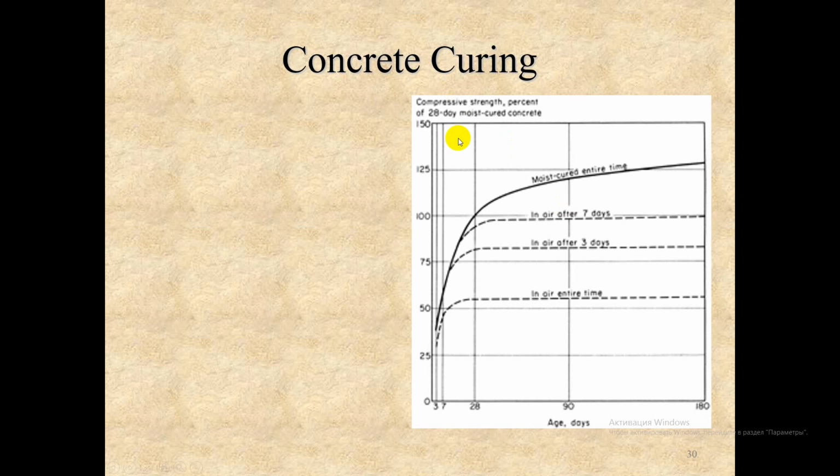So here you can see the compressive strength as a percent of 28-day moist-cured concrete. This is in air after 3 days, in air after 7 days, and this is moist cured the entire time.